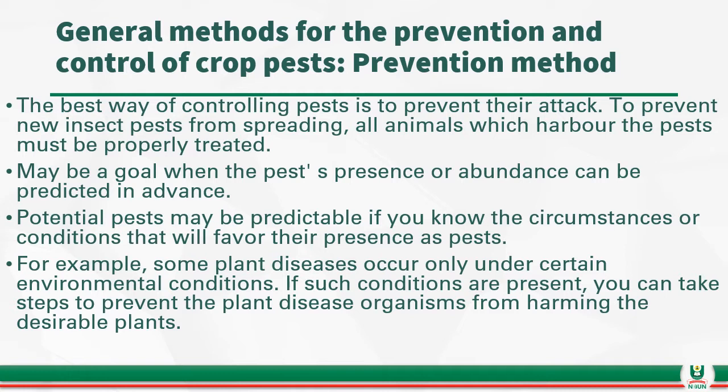So when you see that an environment is suitable for certain pests, you should know that very soon this pest will be in abundance and prepare to prevent such pests. An example is that some plant diseases occur under certain environmental conditions, like I talked about, either rain or some even like the drier regions. So if these conditions are present, then it's important that you take steps.